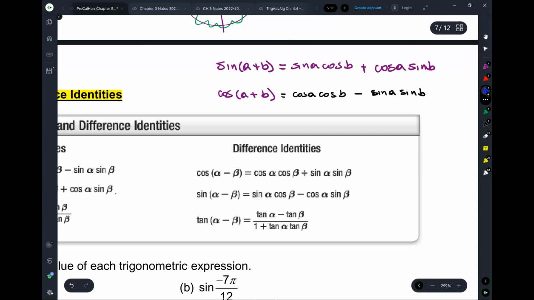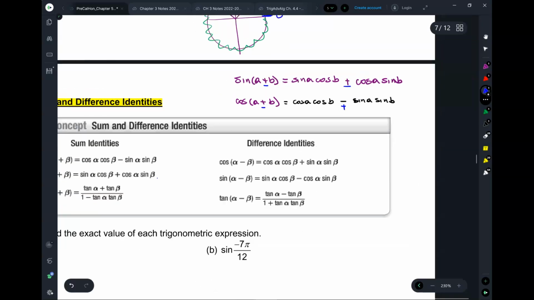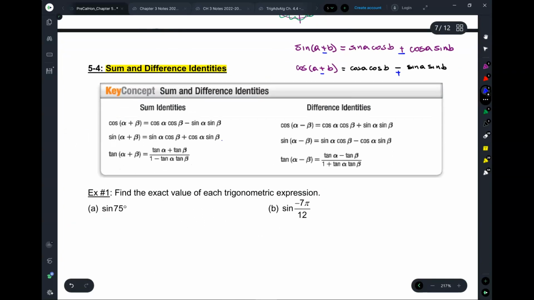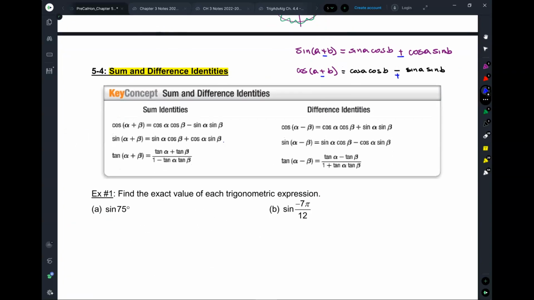Now, one other thing. If this is a plus, then it's a plus. If it's a minus, then this becomes a minus. So you can condense it like that. If this is a plus, that's a minus. If it's a minus, then it's a plus inside. The one I don't have a song for, but nobody has trouble with it.